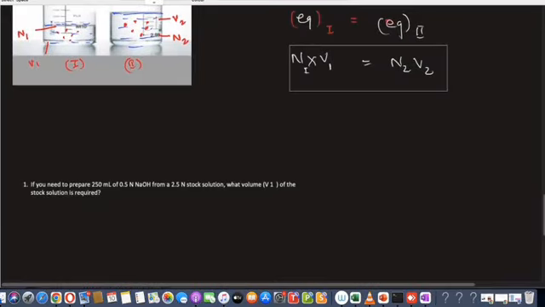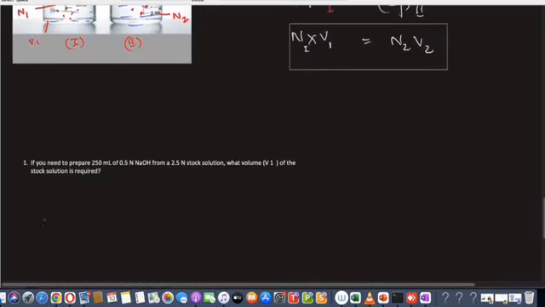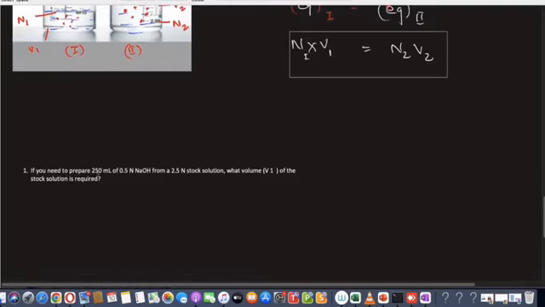But if you take an example over here, suppose you need to prepare 250 milliliters of 0.5 normal NaOH from a 2.5 normal stock solution, meaning a solution whose concentration we know. So for the stock solution, N1 is 2.5, and what volume of the stock solution is required?